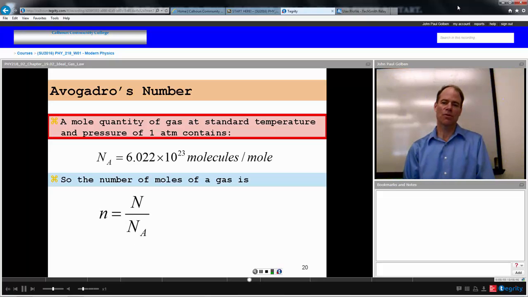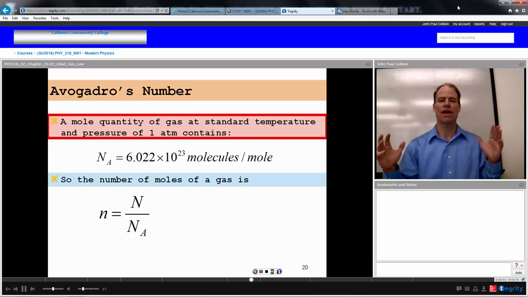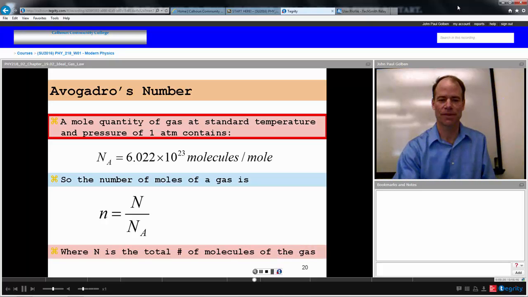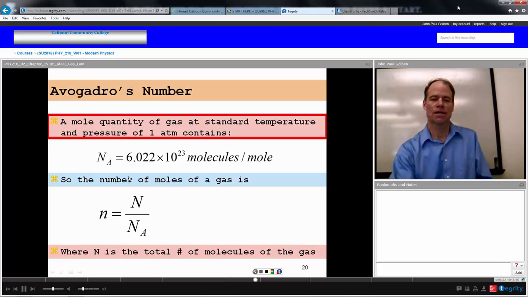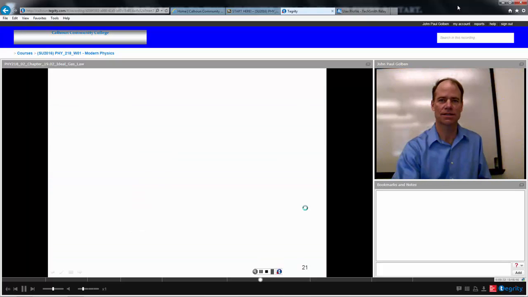So the number of moles of a gas is the total number of particles we have, N, divided by the number of particles we have per mole, and that would give us how many moles we have. So the total number of particles, N, divided by Avogadro's number, is the number of moles of the gas. N is the total number of molecules of the gas.